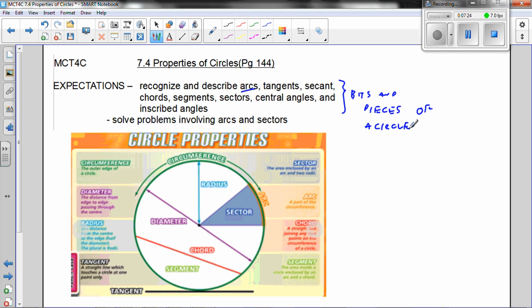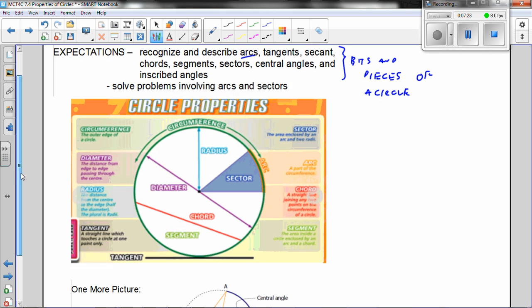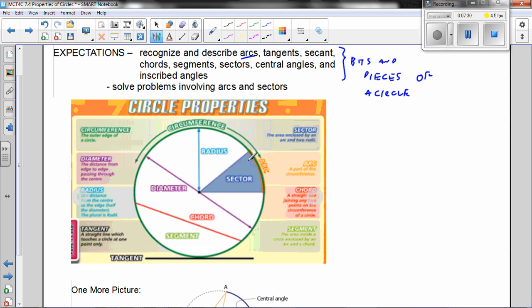And this diagram here, hopefully it photocopied well for you, but you can always look them all up, is just helping us remember what these bits and pieces of the circle are called. Some of them we know. Circumference is all the way around the outside. Diameter, radius, we all recognize those.